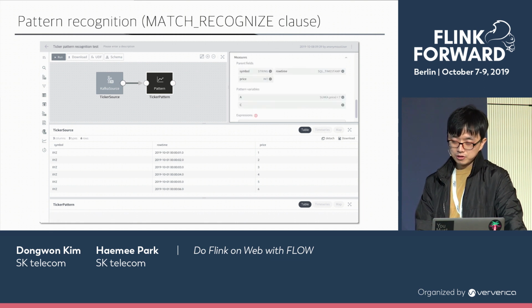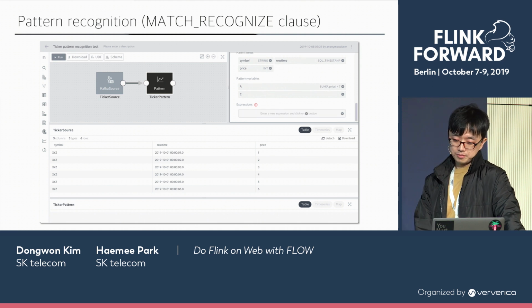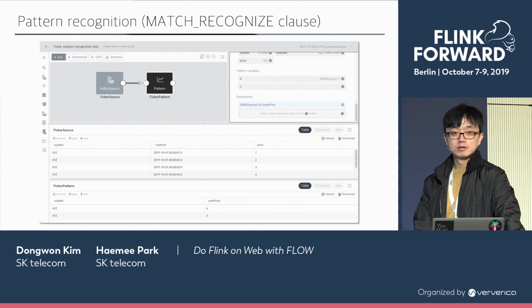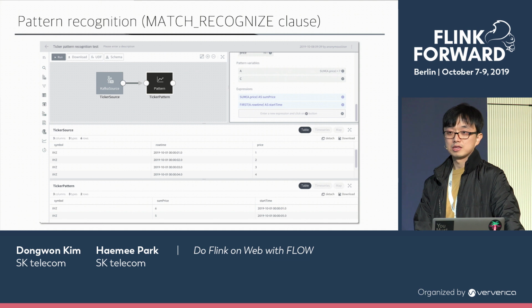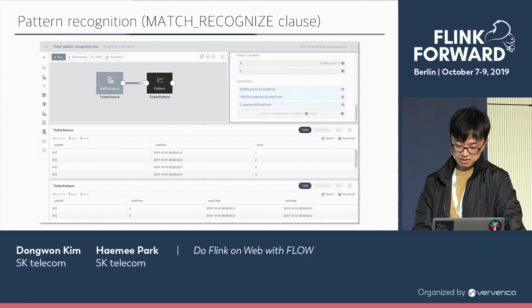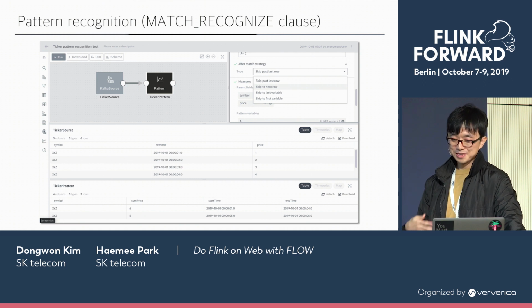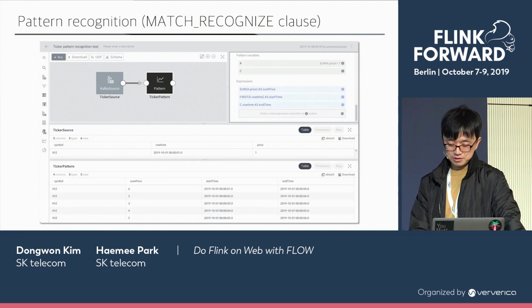And finally, this is like select operation. You need to list up the expressions you want to have in the result table. And this is pretty much the same as the select operation. Okay, whenever you add the expression, you can see the update on the result table. Okay, and you can test different after match strategies, and you will see the result here.